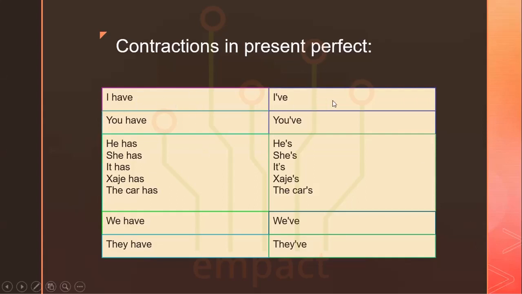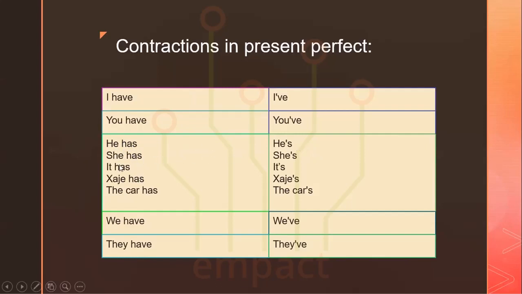Also, how are we going to change have and has into short form? I have, so this is the short form. The short form of have is only apostrophe VE, so I just deleted the letters H and A. What about has? We only have apostrophe S, so I just deleted H and A also. He has, he's.